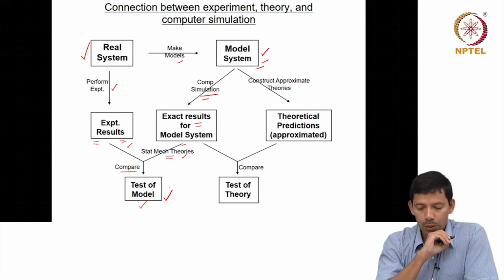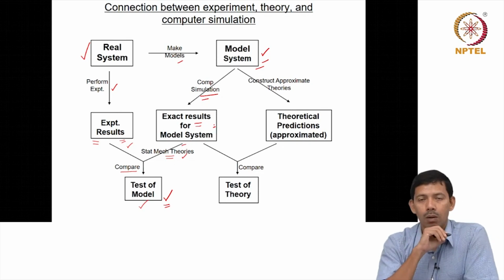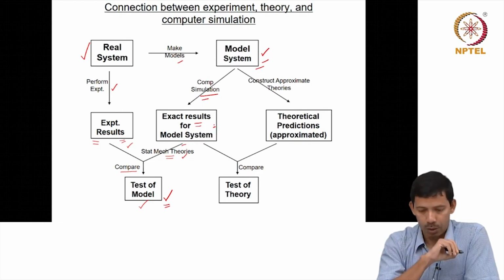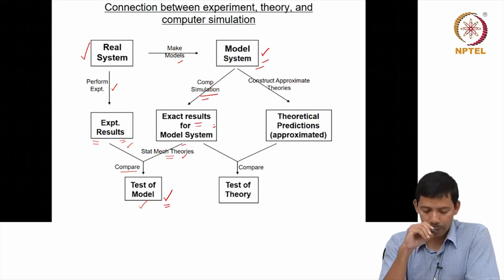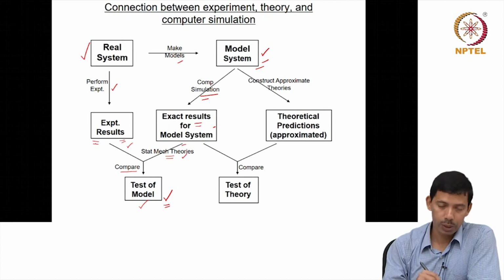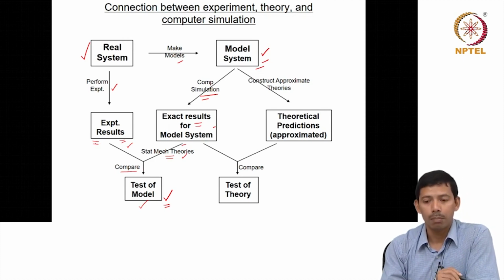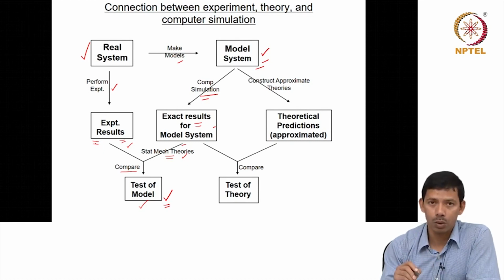So that is how you make sure that your computer simulation method was robust. Once you get a good match of the quantities for which experimental data are available, you know that my simulation protocol and my models are good.